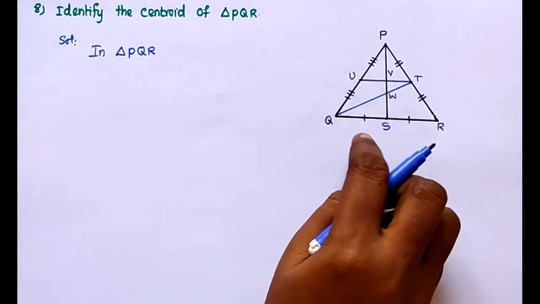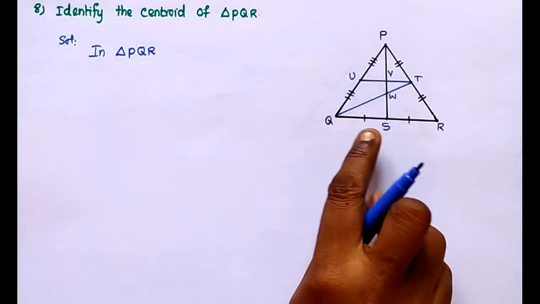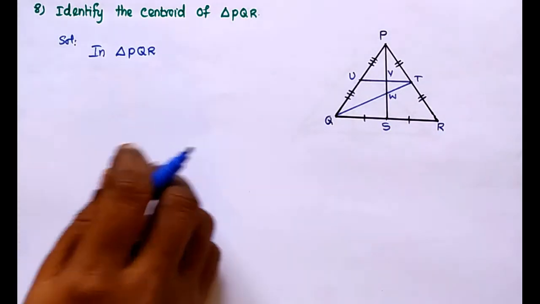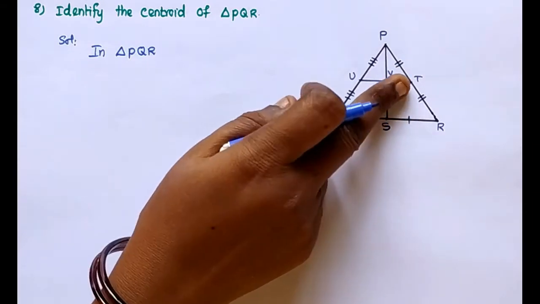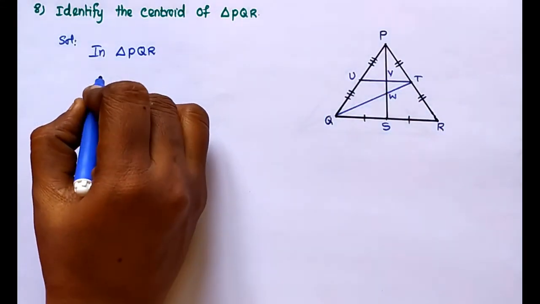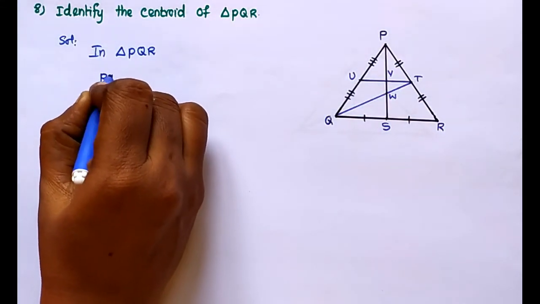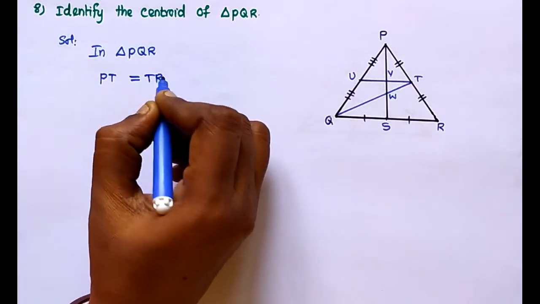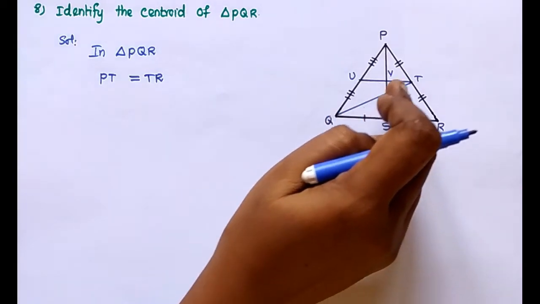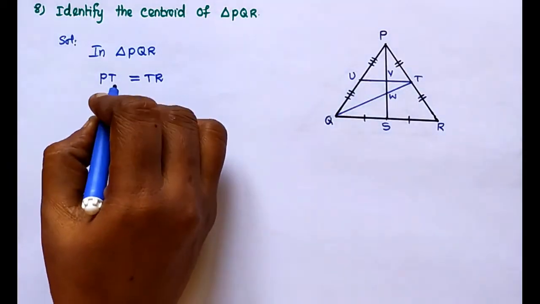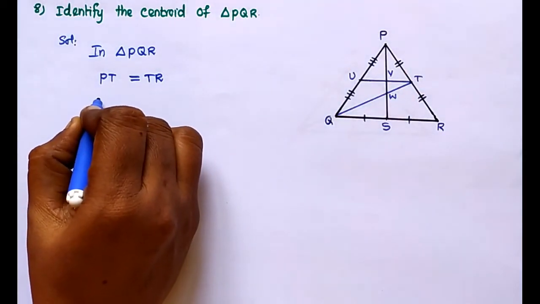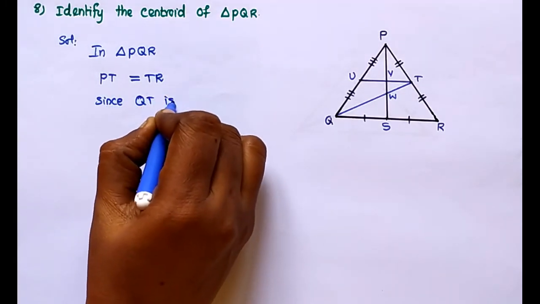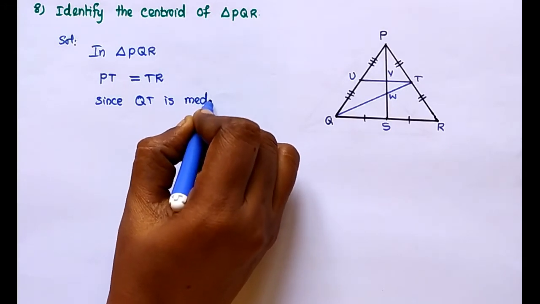So listen, here QS equal to SR and PT equal to TR, right? PT equal to TR because QT is the median. Since QT is median.